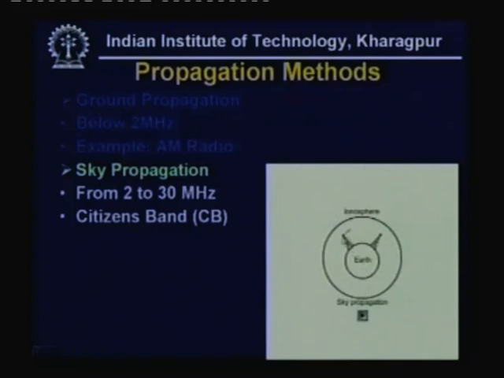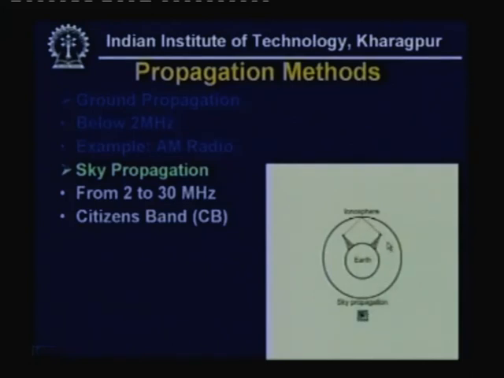So as you can see, the wave signal is propagating, and it is reflected back by the ionosphere, and it is received by the antenna. So the signal gets reflected by the ionosphere and comes back to the receiving antenna.